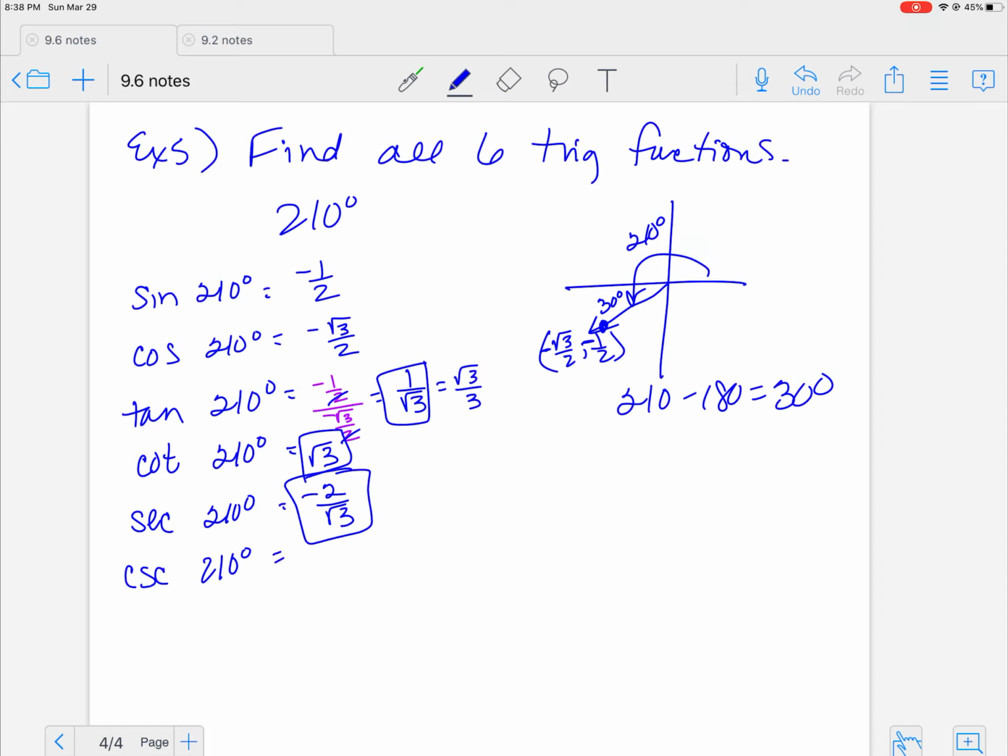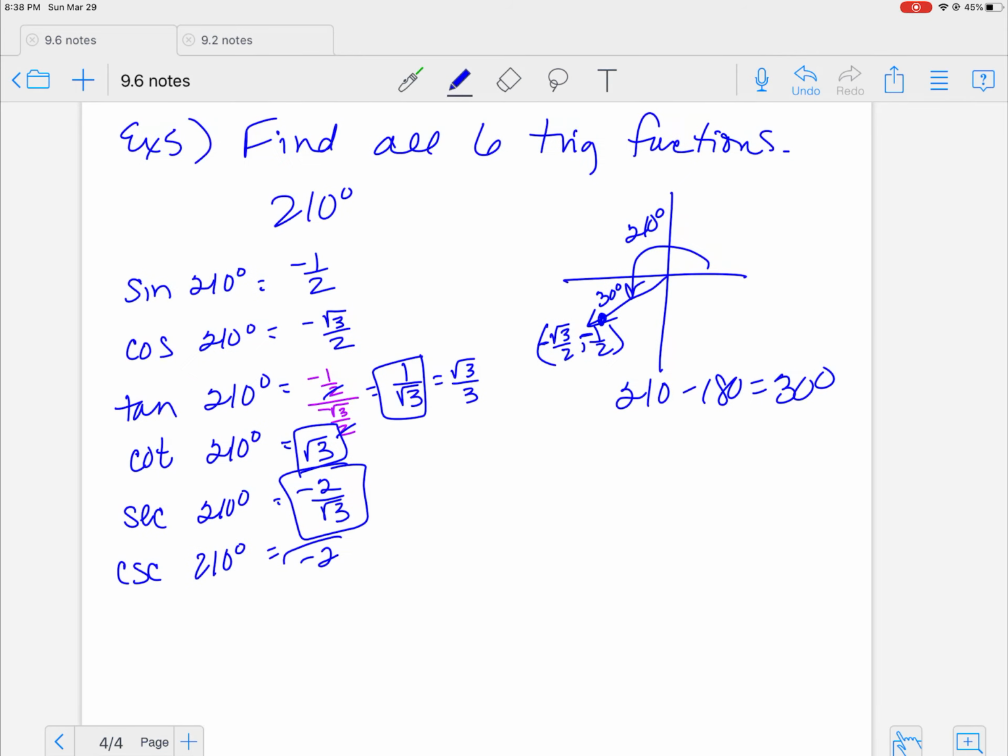So now I have negative 2 over the square root of 3. And again, if you leave it like that, I'm on board with it. If you have to rationalize the denominator, then do it. But I'm okay with leaving it all like this. You get into your upper math and they leave it like this all the time. Cosecant, I'm just swinging around that sign. And that gives me my negative 2.